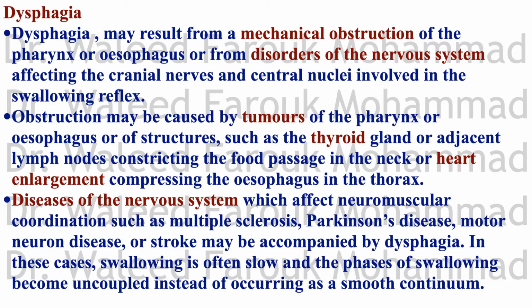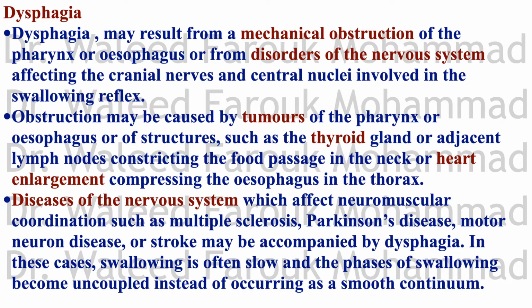Diseases of the nervous system which affect neuromuscular coordination, like multiple sclerosis, Parkinson's disease, motor neuron disease, or stroke, may also be accompanied by dysphagia. In these cases, swallowing is often slow, and the phases of swallowing become uncoupled instead of occurring as a smooth continuum.